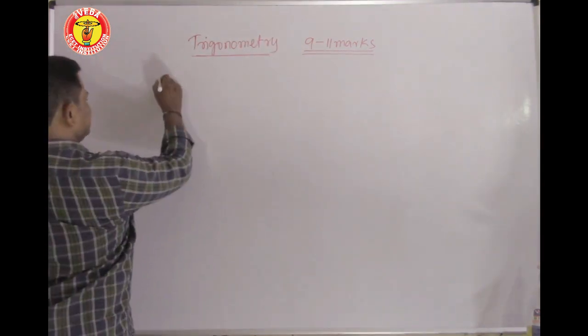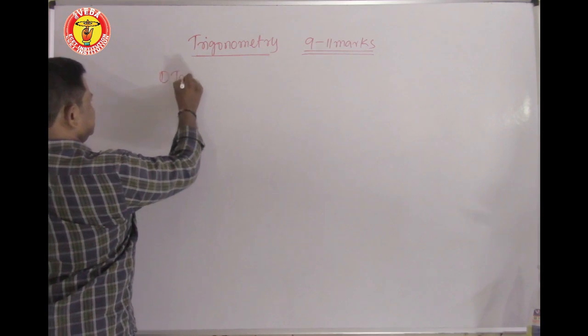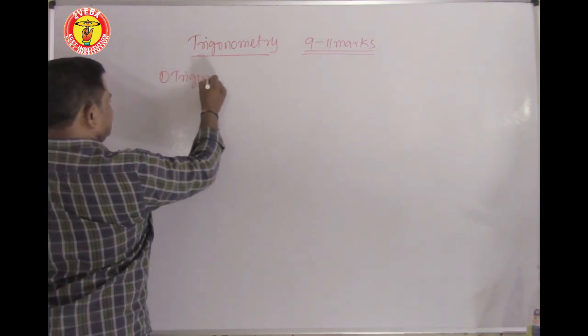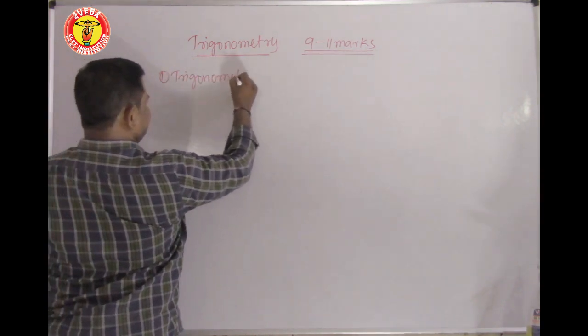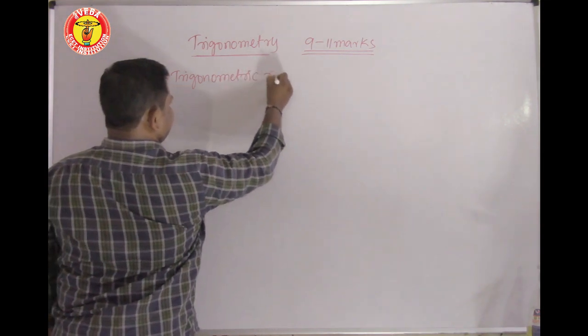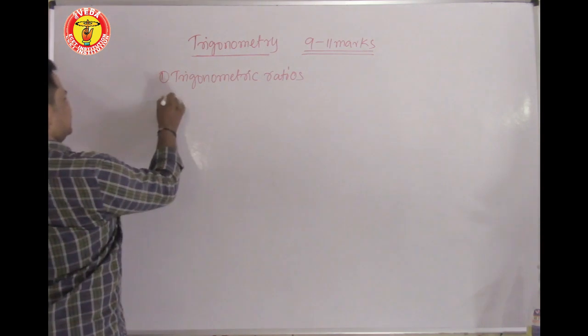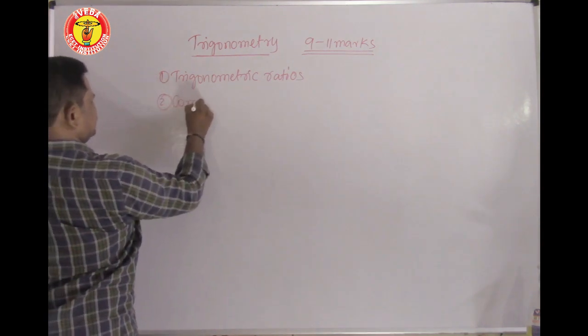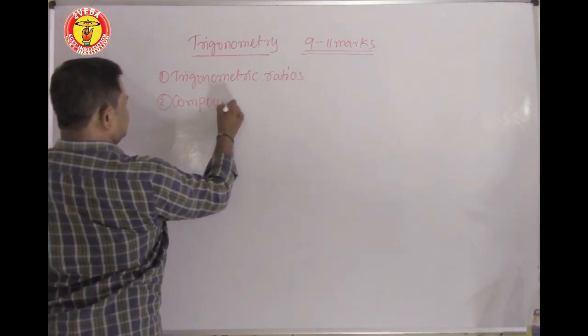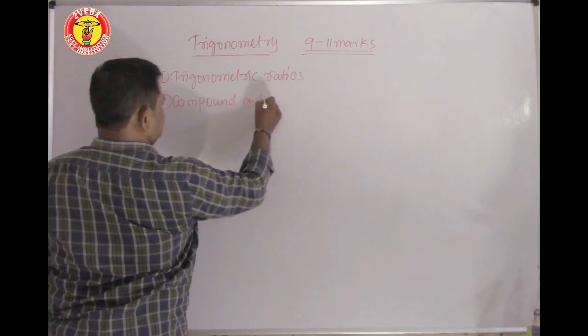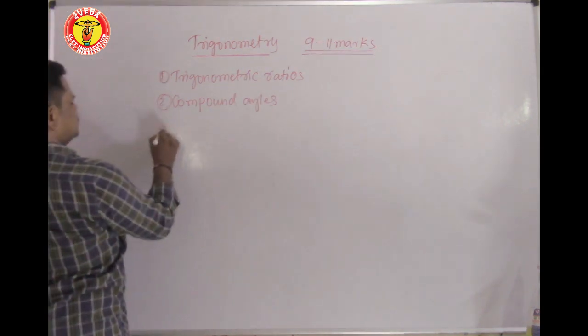In this, the first chapter is Trigonometric Ratios. Second is Compound Angles.